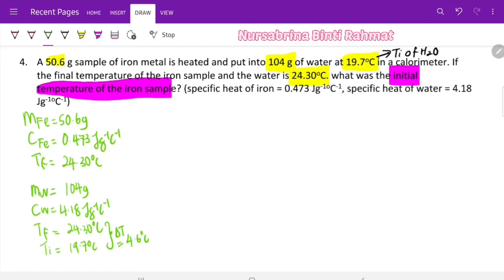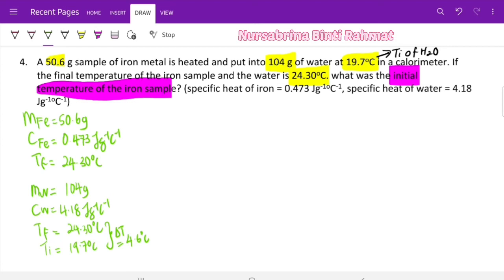Since we are going to calculate the initial temperature, I'm going to solve for delta T first, and when I get the value of delta T, I'm going to add it to the final temperature of the iron, so that I will get the initial temperature, because that one is simpler compared to including temperature initial minus temperature final in the equation.